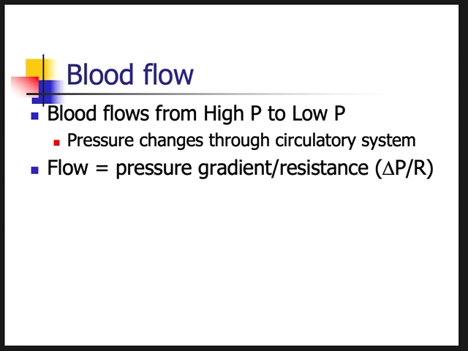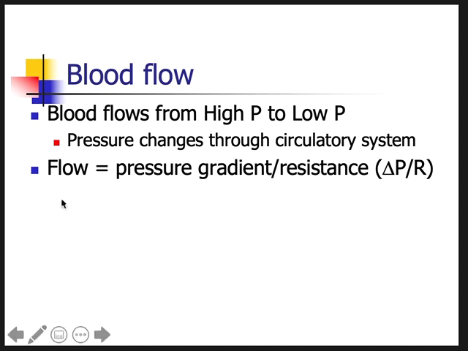Flow is going to be measured as a change in pressure, so your delta P or pressure gradient, divided by resistance. Okay, so by having a lower pressure at the end of your circulatory system, it also helps to attract blood and help it flow through.